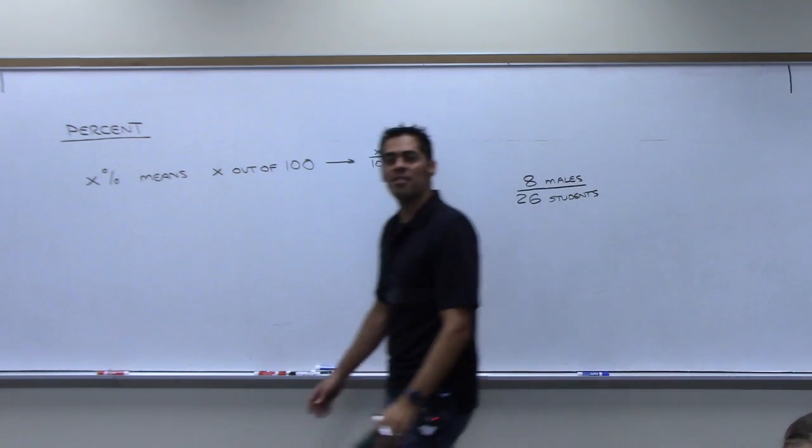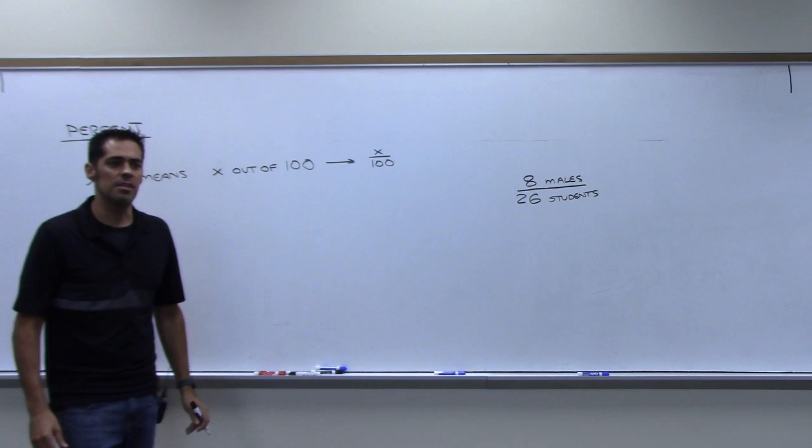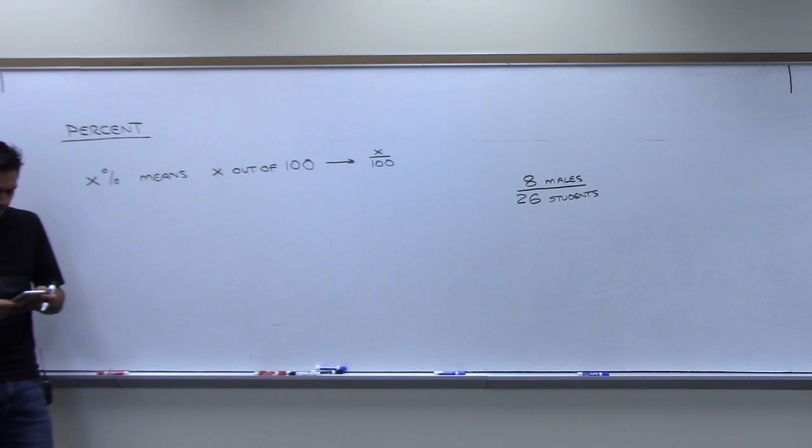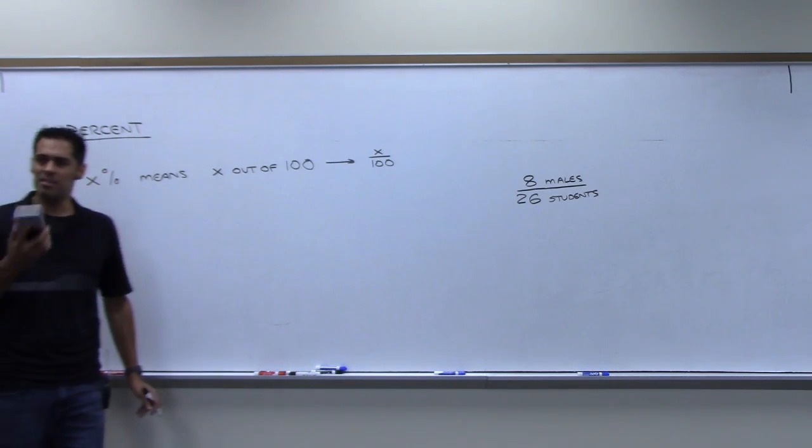So what is the percentage of male students in this class? Well, we just divide, right? You get your calculator out and do this. 8 divided by 26, and you're going to get a decimal.